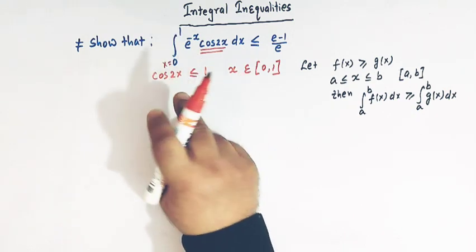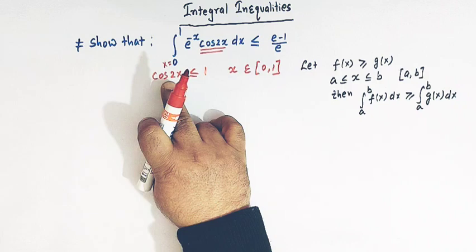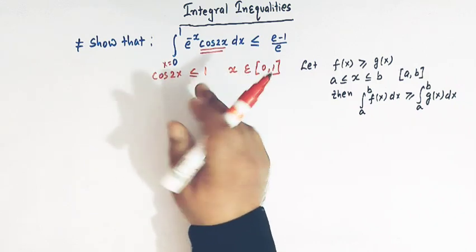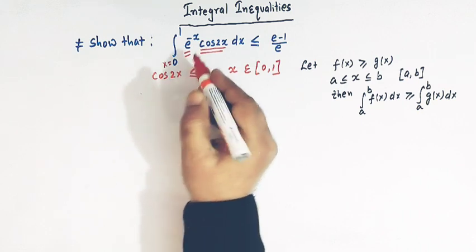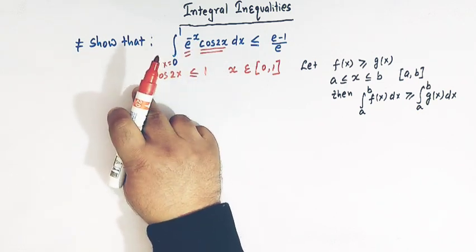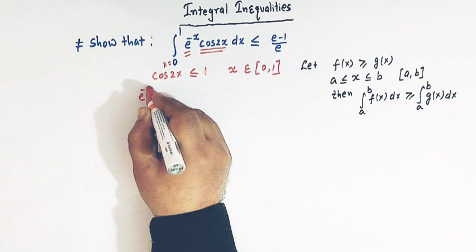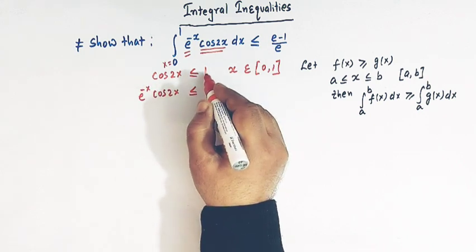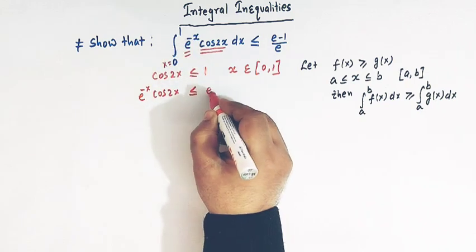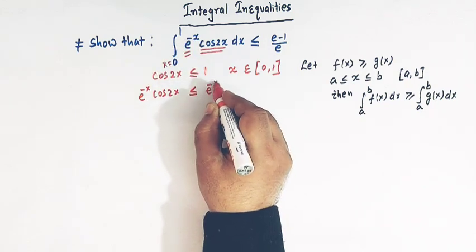Now we'll multiply this inequality both sides by e raised to minus x. So when we multiply by e raised to minus x, we get e raised to minus x cos of 2x, and here we have 1 times e raised to minus x, that is e raised to minus x.